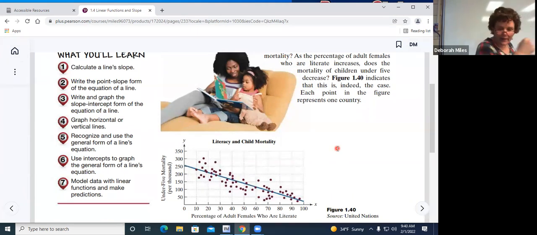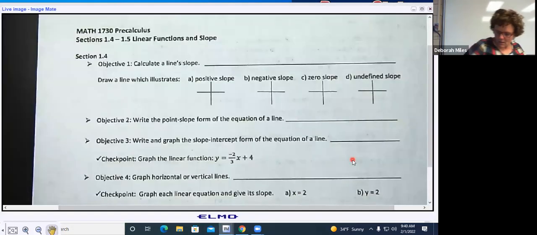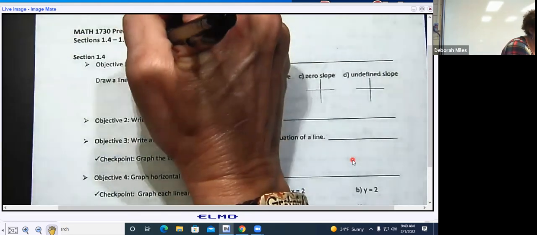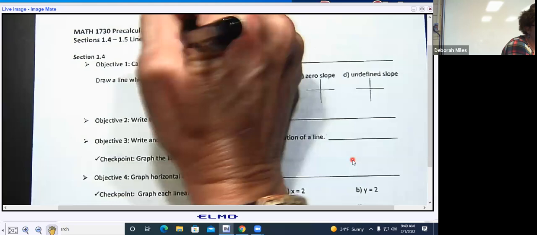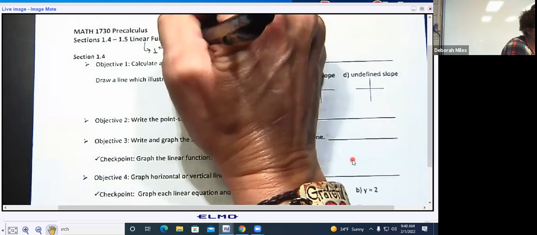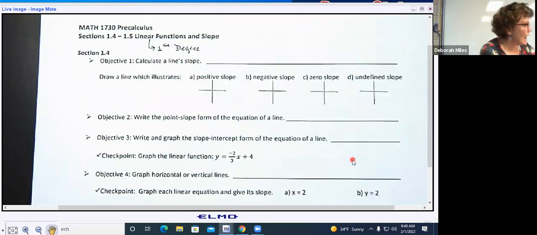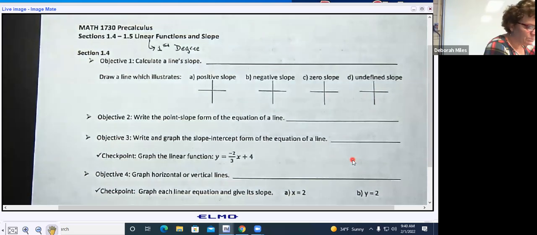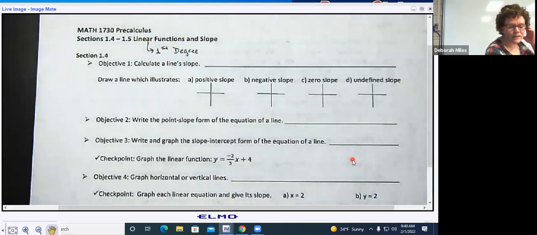First degree. All right, so we're talking about first degree equations. And we know that the graph of a first degree equation is a line. Now, as has been the case all semester, a whole lot of this is review.